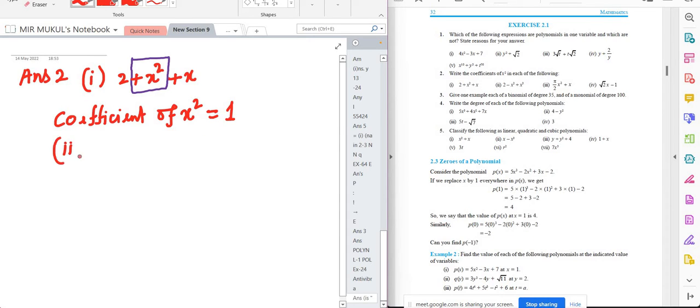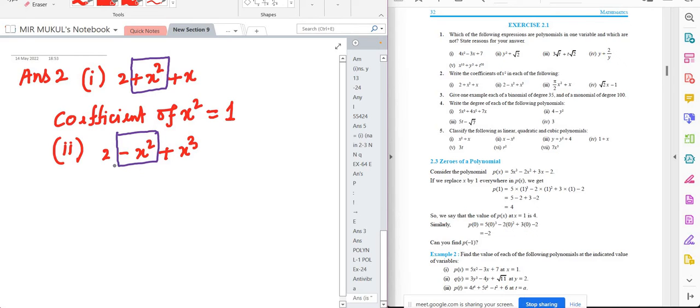Now number 2: 2 minus x squared plus x cube. What is the coefficient of x squared? Just see this portion. 1 again?